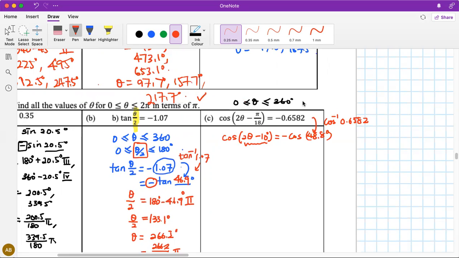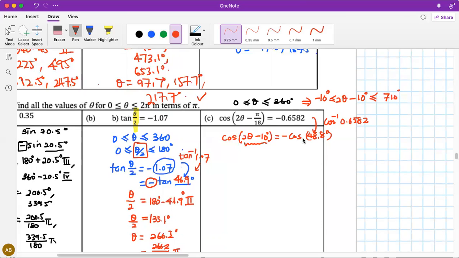Before we continue, we need to find the angle range for 2 theta minus 10. So 2 theta minus 10 means 2 times theta minus 10 degrees. So 2 times 0 minus 10 is minus 10 degrees, and 2 times 360 minus 10 gives you 710 degrees.